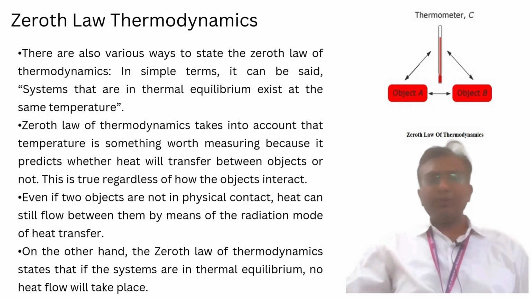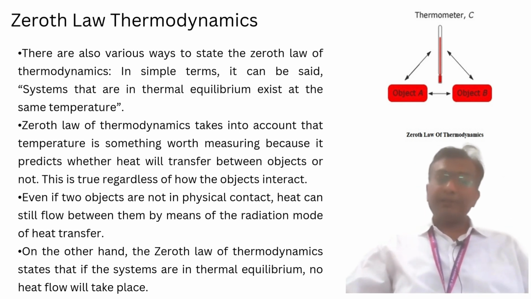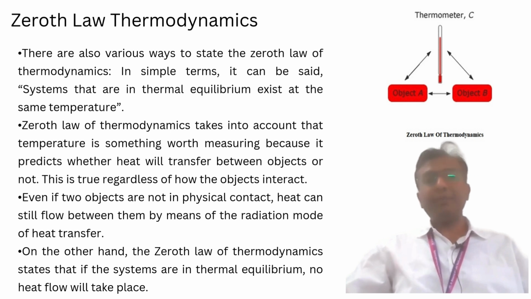The zeroth law of thermodynamics, elegantly stated in terms of equilibrium between multiple systems, can also be expressed in a simpler, more direct manner. If two systems are in thermal equilibrium, they must be at the same temperature.